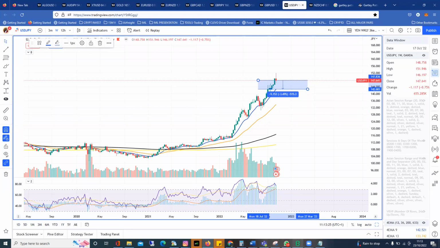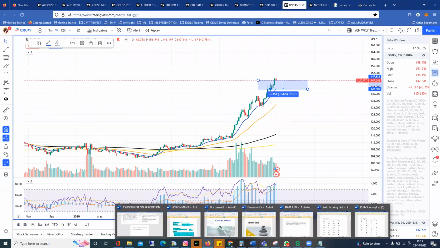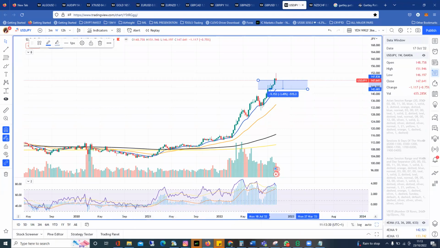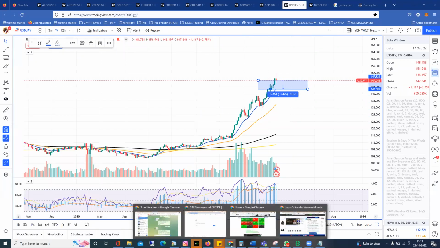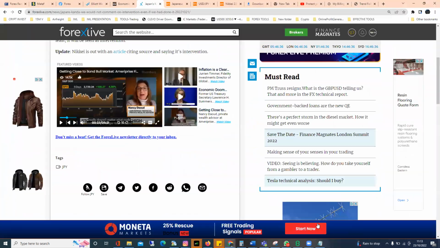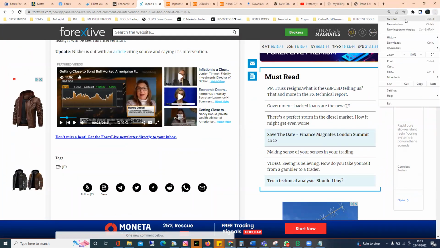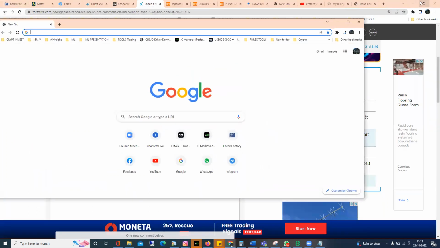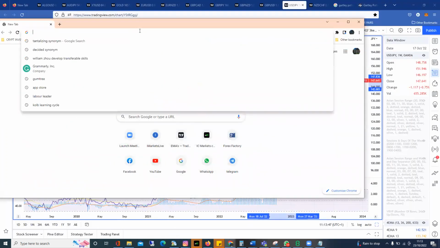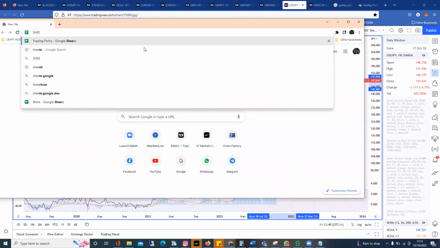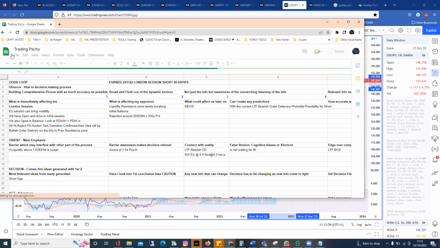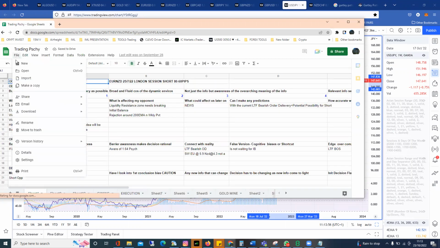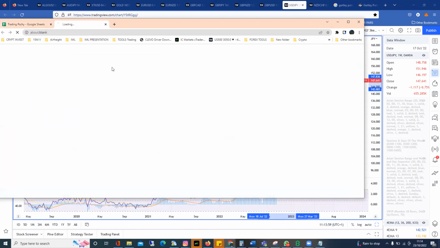So what I like to normally do is I like to have a spreadsheet so that I can keep my notes intact. So if I say new window and then I say sheets, just use Google Sheets, I can decide to have a new spreadsheet.